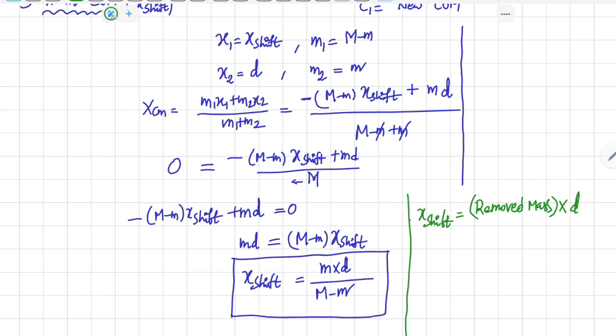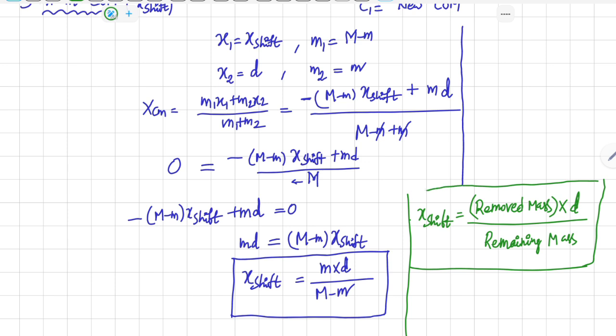Divided by capital M minus small m, which is nothing but the remaining mass. If you subtract the removed mass from the total mass before removing, you will get the remaining mass. So by using this basic and generalized formula, we can find the center of mass in many situations.